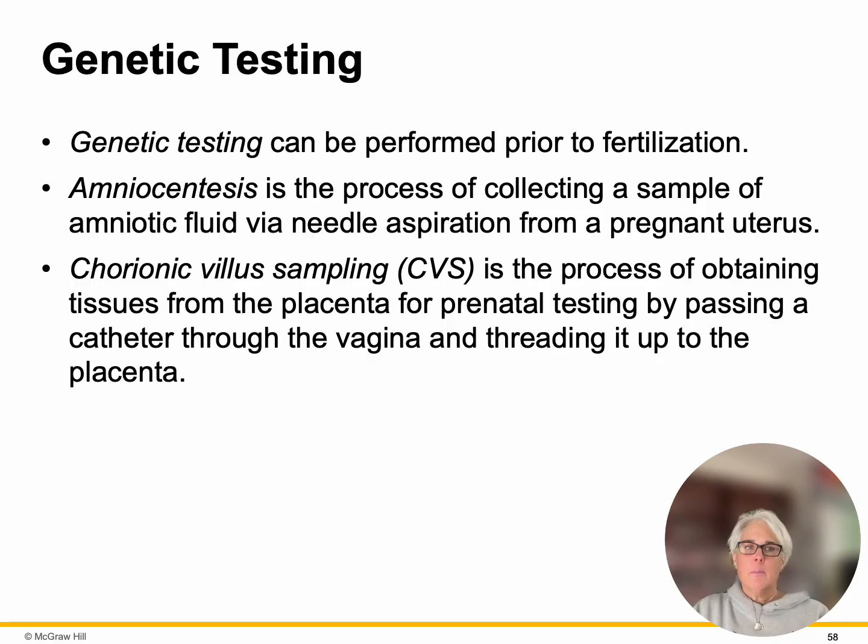Testing is done for genetic disorders, and we hear about things like amniocentesis and chorionic villus sampling, which are used during pregnancy to detect chromosomal or genetic disorders. I code the reason for the testing. This is often a high-risk pregnancy or suspected abnormality.